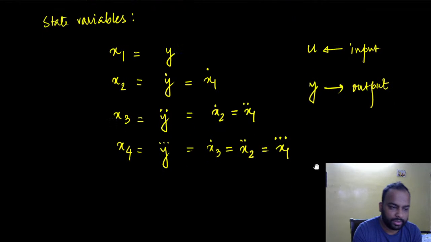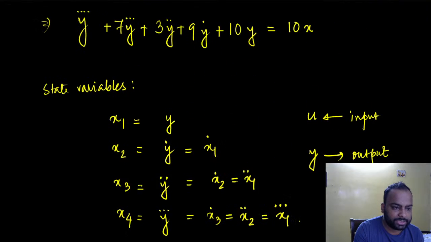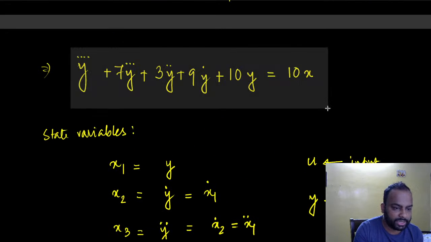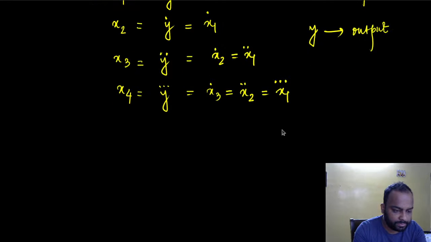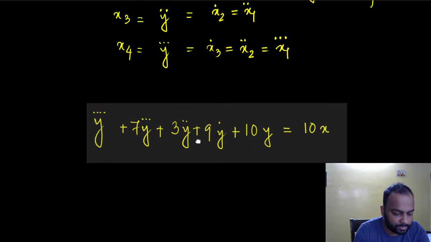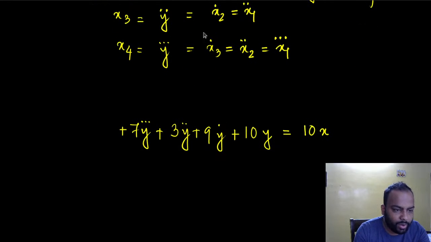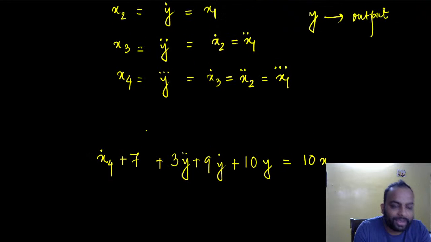All right, so with that assumption, let me just copy the differential equation here. Instead of y quadruple dot, I would just write x4 dot. You cannot write a matrix here, but just try to follow along.